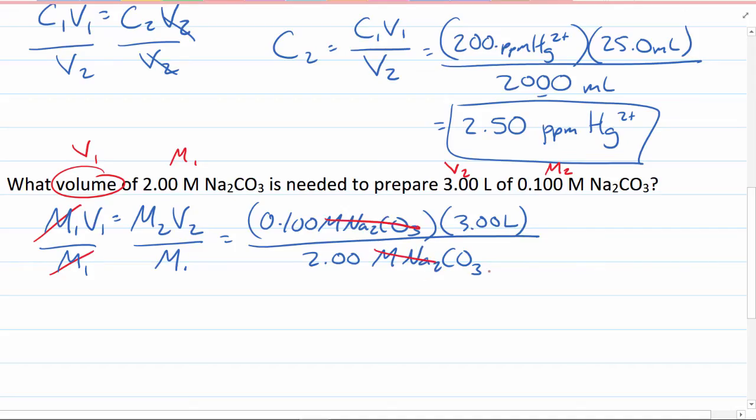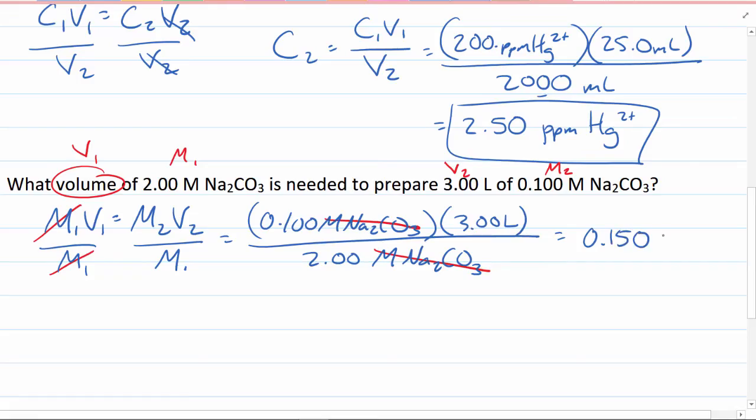Molarity will cancel out. So then if we calculate a solution for this, we would take 0.1, multiply it by 3, and divide it by 2. When we do that, we wind up with an answer of 0.15. How many significant figures should this answer have?